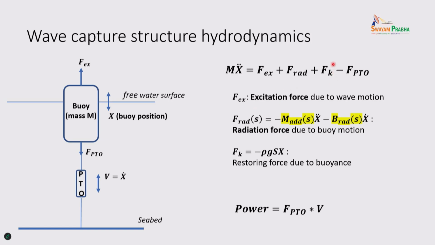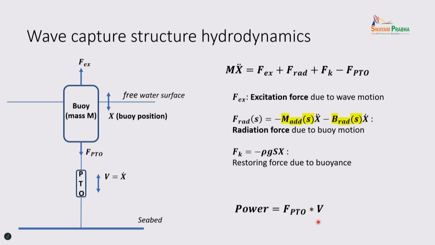Then you have hydrostatic stiffness and the PTO force, right? Hydrostatic stiffness depends on the water line, the cross-section area, right? So you want to increase the power here. This is actually mechanical power. Later you will see this power in the system, right?